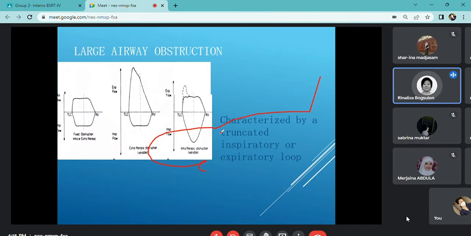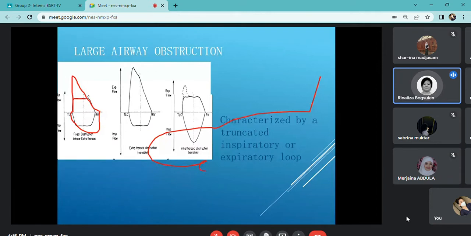There are also some questions in the examinations wherein they give you pictures of the loops. And then they ask you to identify kung ano yung sinisignify ng mga yan. Normal loop supposed to be is patulis. This is your exhalation portion. This is your inhalation portion. Pero anong nawala?